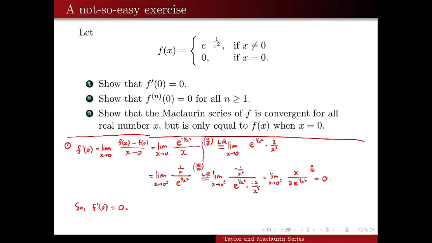It's a valid method. What you can do is get the derivative of this, and then get the limit from the left and from the right. So let us try to do that, number 2.